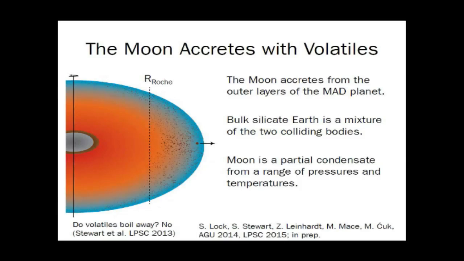Following up on the first question, isn't the material on the outside of that going to have way too much specific angular momentum to fall back into an Earth-sized planet? These systems are not supercritical in total.